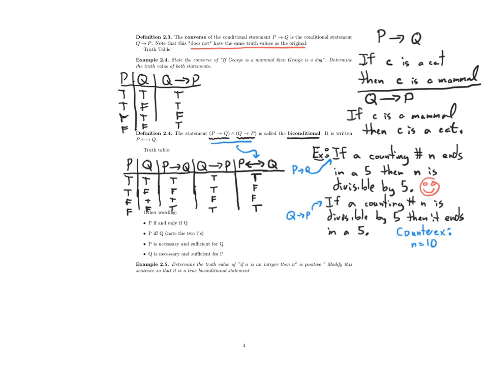That's divisible by 5, but it doesn't end in a 5. Now maybe pause the video and see if you can slightly modify this statement so that both the conditional and the converse are true. Just a slight modification. So pause the video now and give that a go.